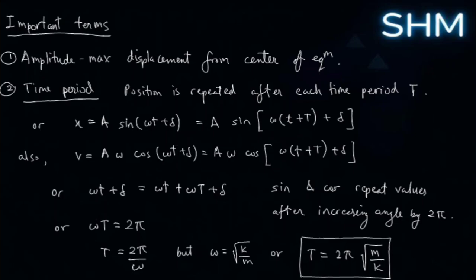Now, if the position is repeated, keep that in mind. We have x equals a sin(omega t plus delta), where t is the current time. Now, when we increase t by 1 unit time period, that means what?